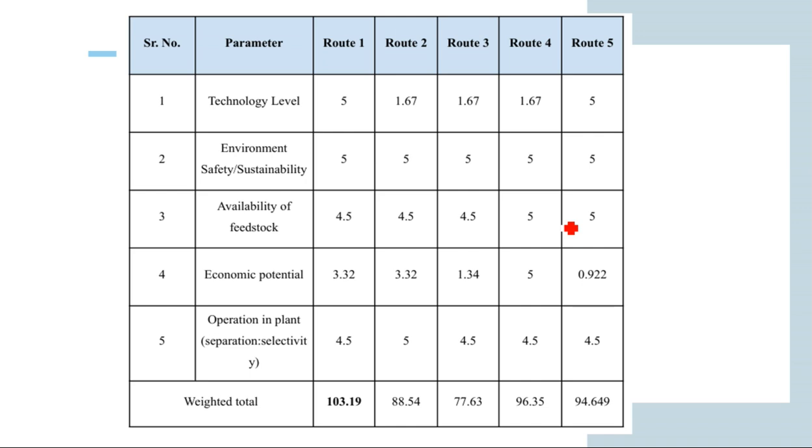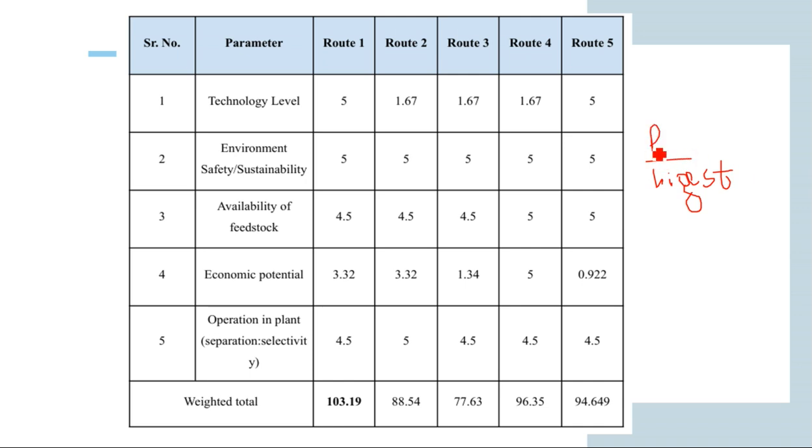Similarly, for economic potential, I get it as follows: the highest economic potential is for route 5. What formula did I use?